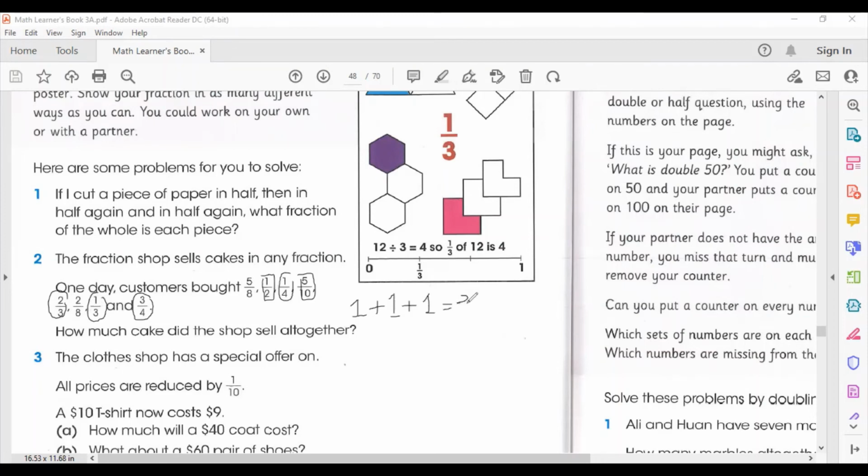3. And now we are solving the last one, 5 by 8 plus 2 by 8. If this were 3 by 8 we could simplify it, but it's not equal top and bottom. So 5 plus 2 is 7, 7 by 8.